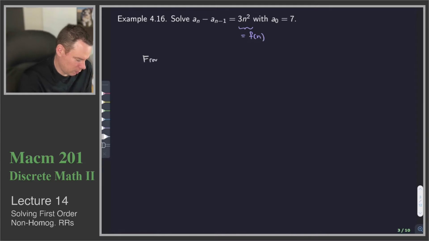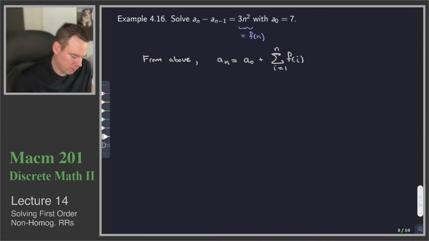So from our remarks above, we know that an is equal to a0 plus the sum of fi, because we're going to sum over these, where i goes from 1 to n. In this particular case, fi is 3i squared, i goes from 1 to n.